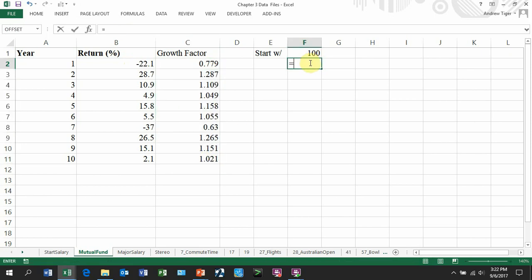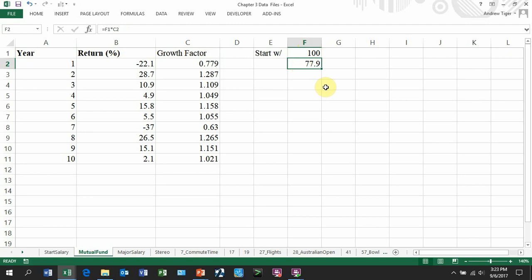So if I start with $100 and I had a return of minus 22%, my growth factor is 0.78, or 0.779. So if I start with 100 and my growth rate is negative, I actually at the end of year one only have 78 bucks.